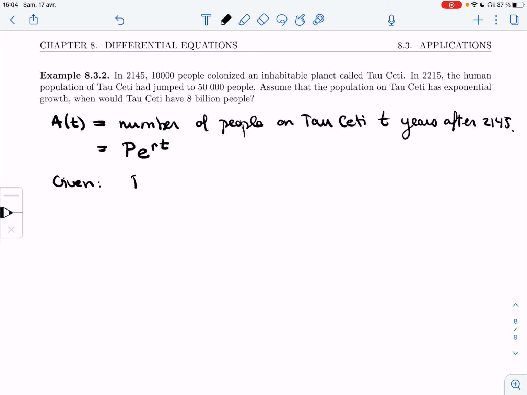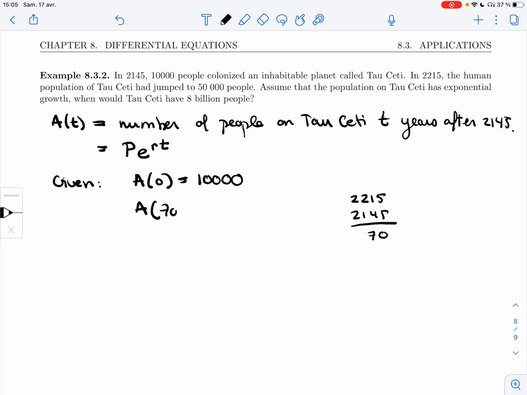All right, so what are we given? We're given that at year 2145, that's t equals 0, A of 0 is equal to 10,000. And we're given that 2215 minus 2145, that's 70.